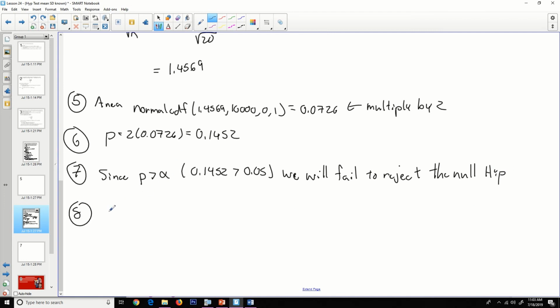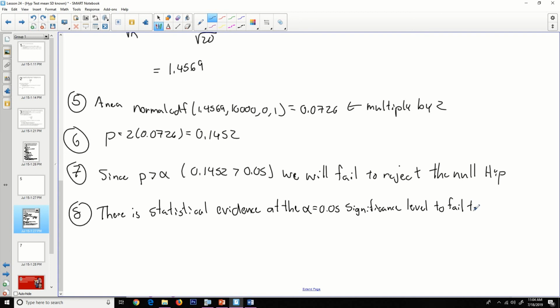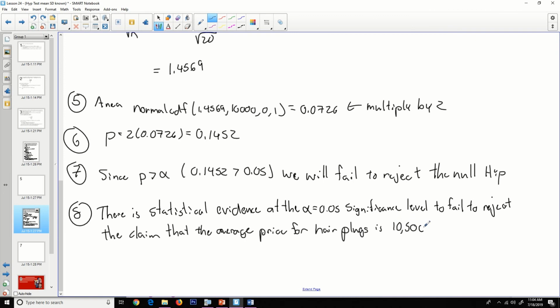So in 8, that means there is statistical evidence at alpha equals 0.05 to fail to reject the claim that the average price for hair plugs is $10,500.